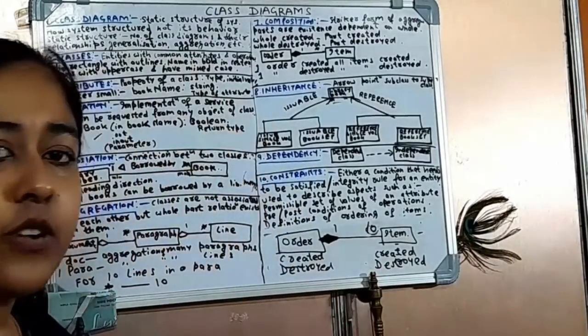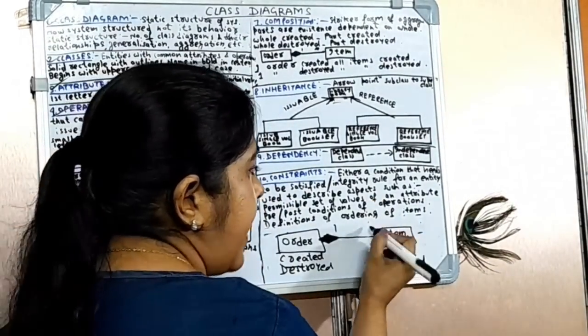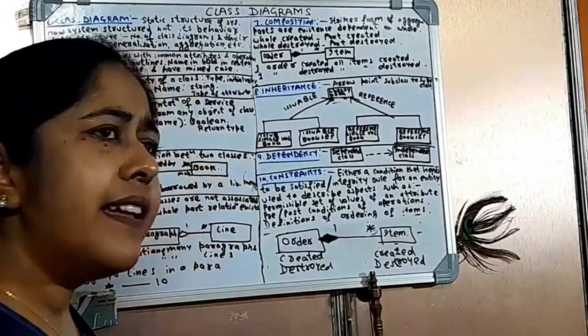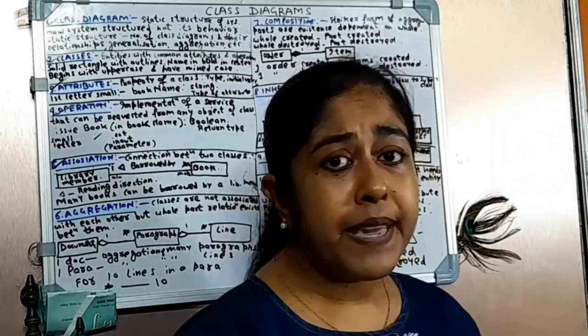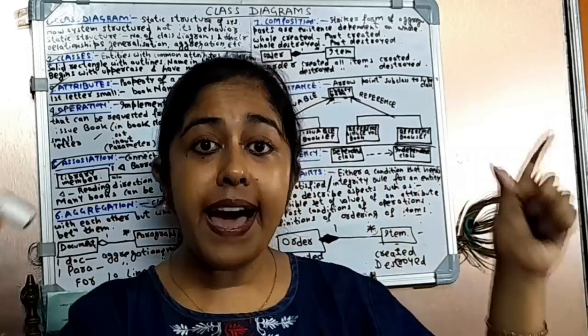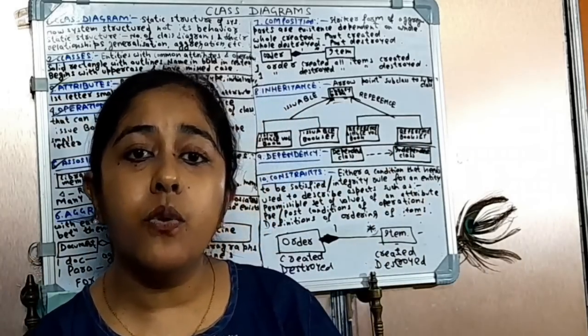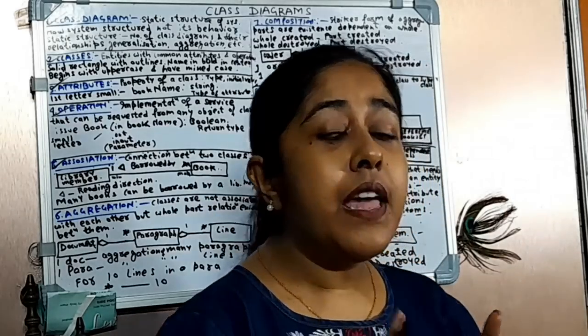Then only I can destroy the items also. So this is what you have to write here, that is my asterisk sign. Any number of items can be in your order. The main thing is that I have to think of the whole system as a single one.